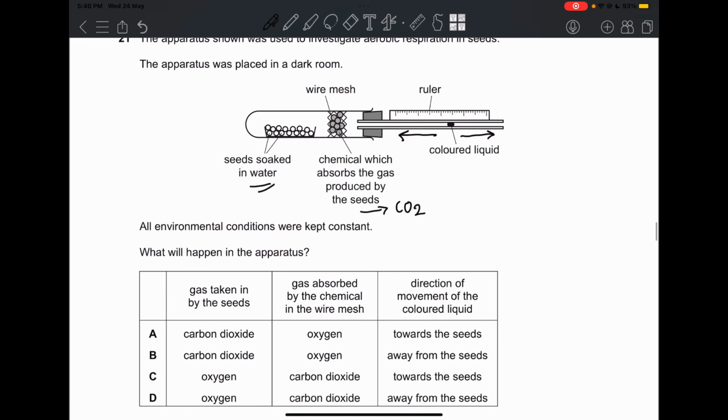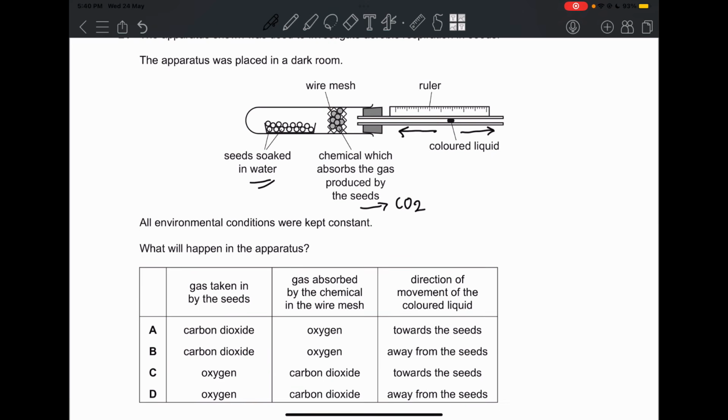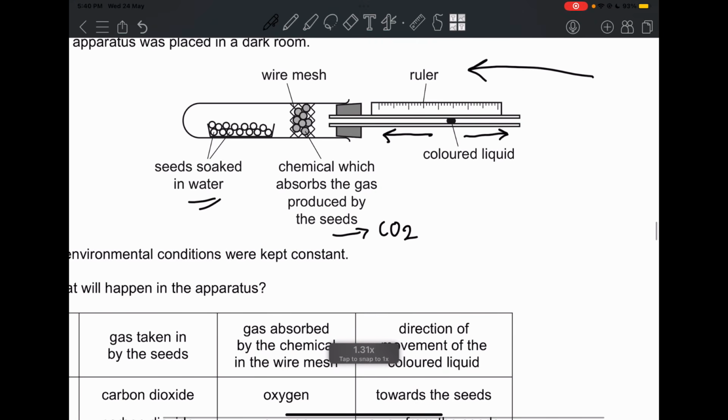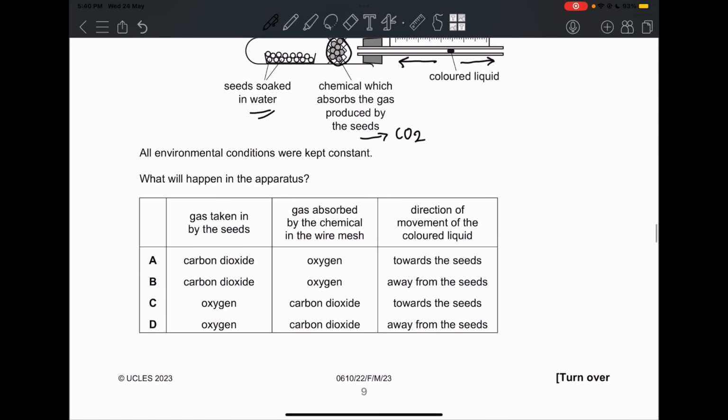And the gas absorbed by the chemical, as I explained, is carbon dioxide, because there is respiration, and the direction of the colored liquid will go towards the seeds, because the seeds are absorbing oxygen from the outside, and there is absorption of carbon dioxide over here. So there is a higher pressure from the outside. They create a lower pressure inside because they absorb oxygen. So our answer is going to be C.